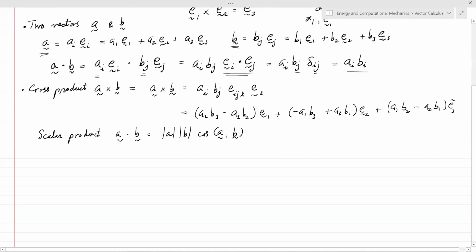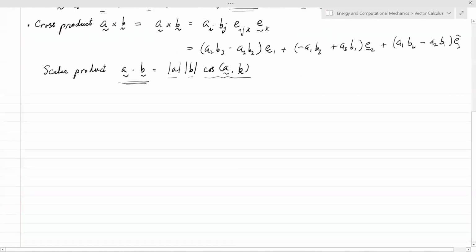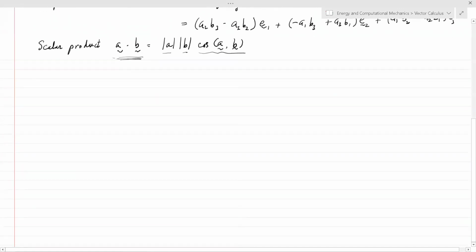So if I know this dot product and I know the magnitude of A and magnitude of B, I can calculate the cosine between the angles. So I'm able to find the angles based on that. Another important thing I want to discuss now is coordinate transformations.